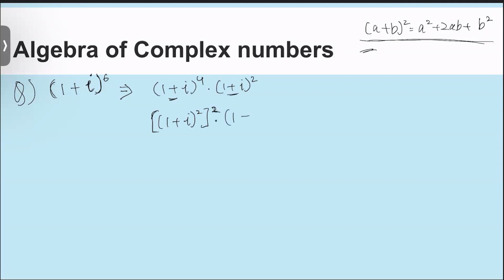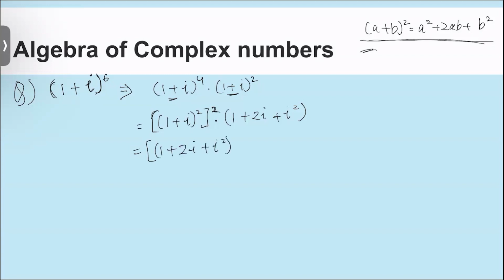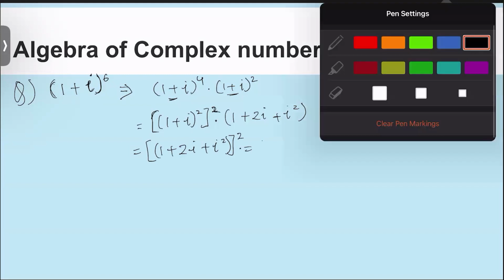So 1 plus 2i plus i squared. You expand this other bracket also, so this is again 1 plus 2i plus i squared, and the whole thing is squared. And since we know i squared is equal to minus 1, you can just substitute it.